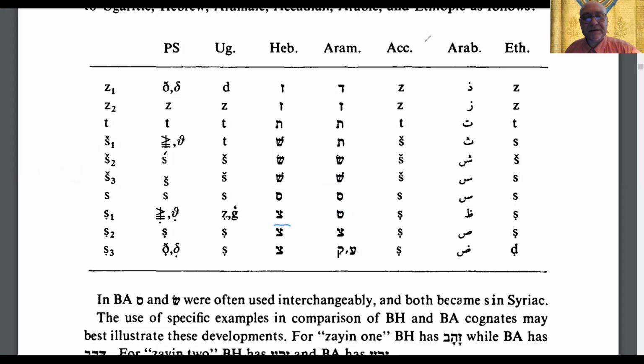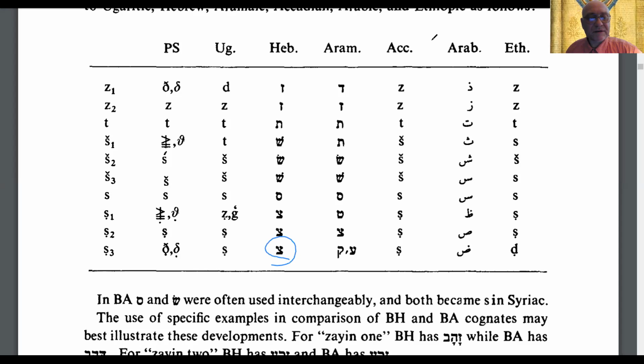How about Tsadi? That's sort of a TS sound. Notice this, it's a light T, Tet, in Aramaic. T sound versus TS. So there's a little bit of does not equal there. TS, TS, TS, that's pretty much equal there.